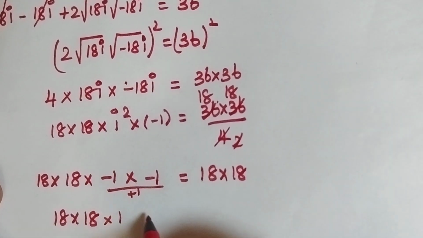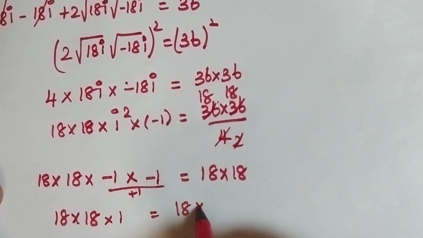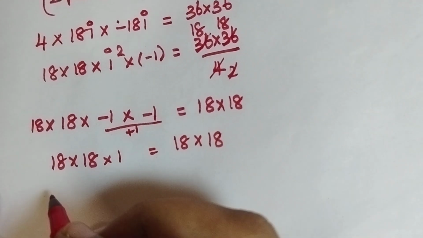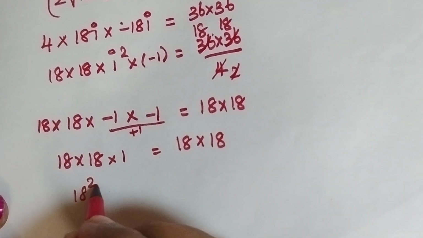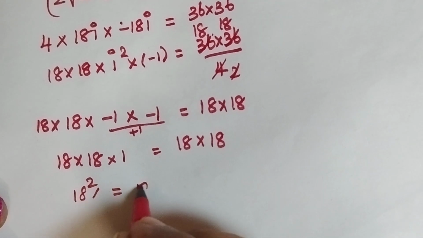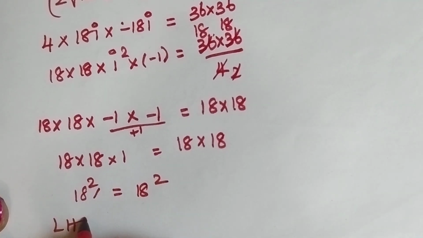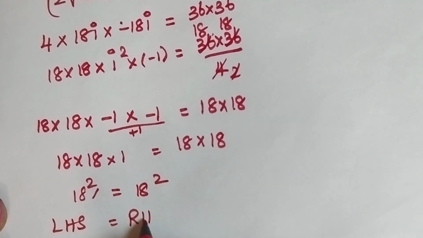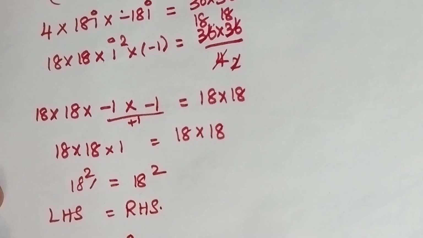So into 1 can be written as the actual value. Therefore here 18 square is equal to 18 square. LHS is equal to RHS. Hence proved, the x value 18i is the one value.